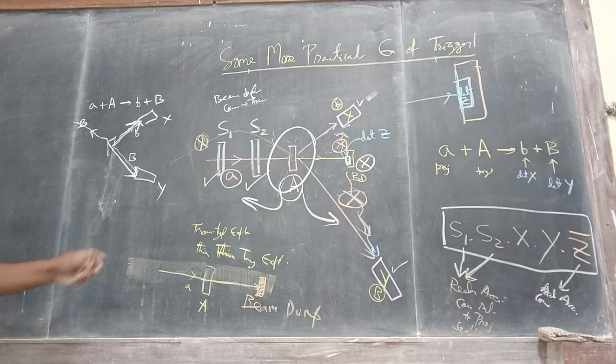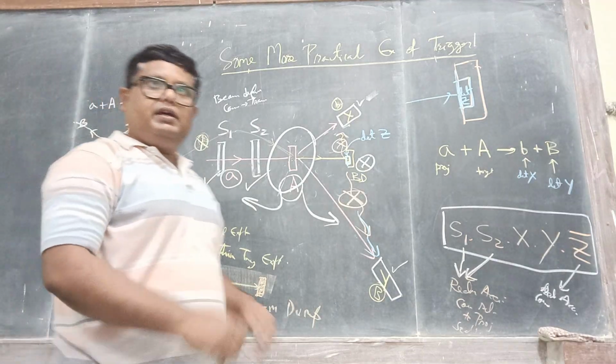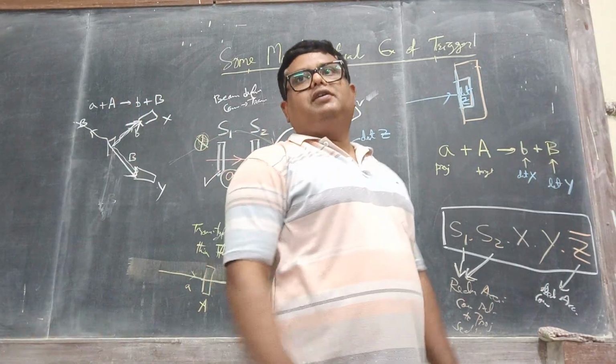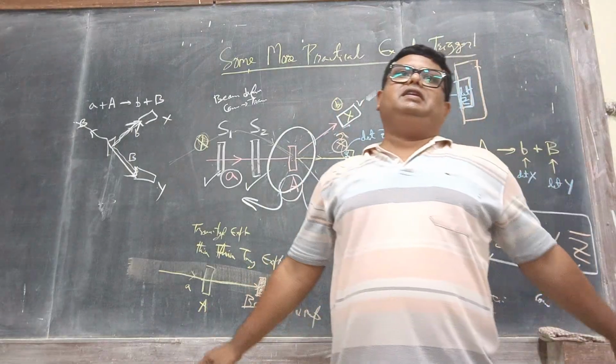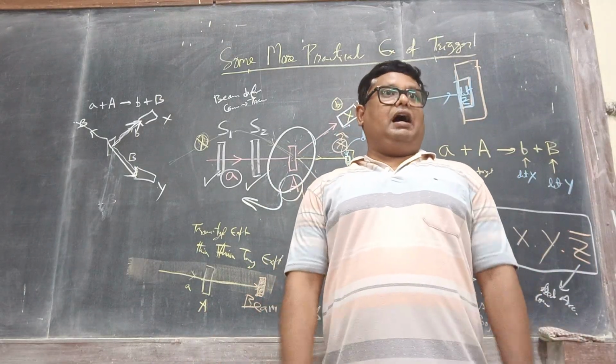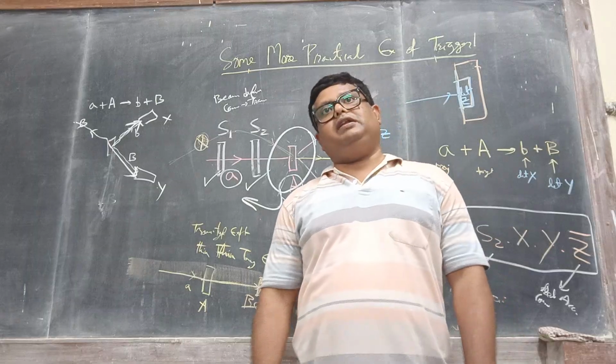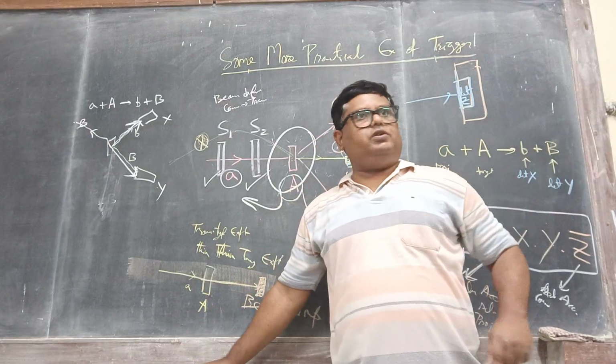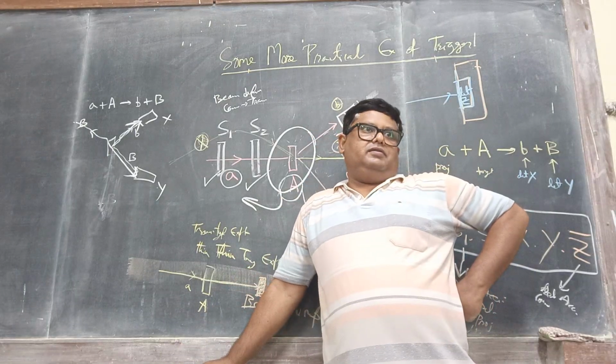Okay, so this is a basic example. Till now we are just talking about simple two-body scattering, and how the trigger is experimentally implemented. So you expect this question in your examination. Write it down.